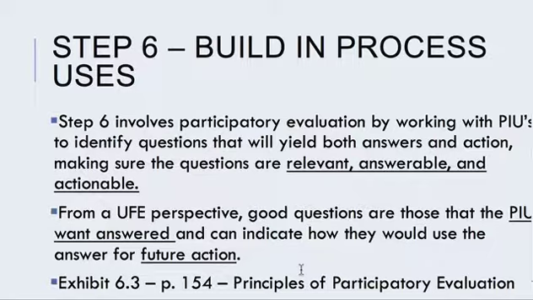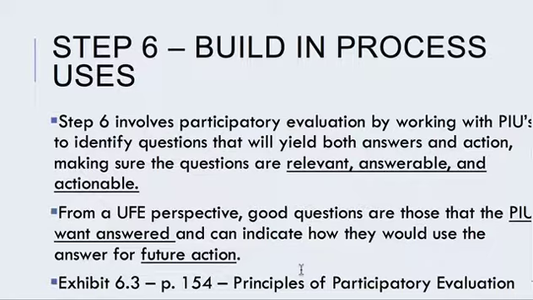And on page 154, if we go back a few pages, Exhibit 6.3 is helpful because it shows a list of principles of participatory evaluation. And this list is a good starting point for primary intended users to think about.